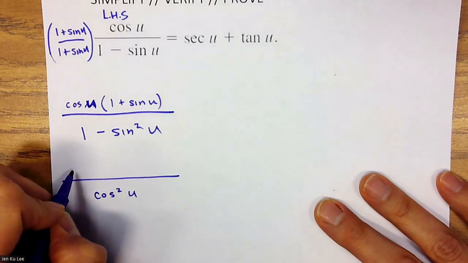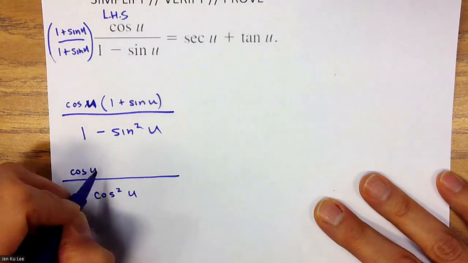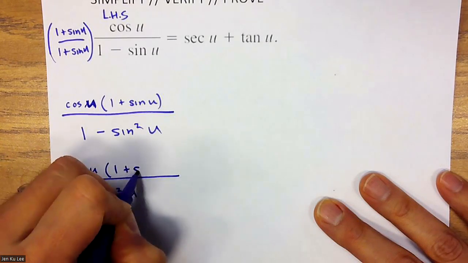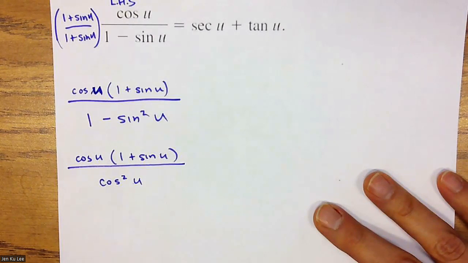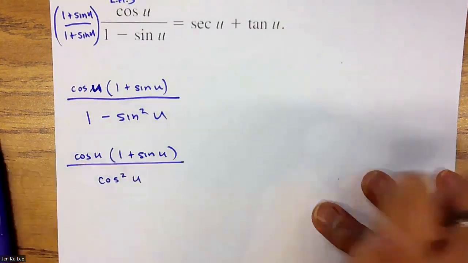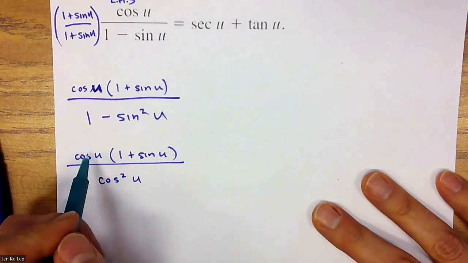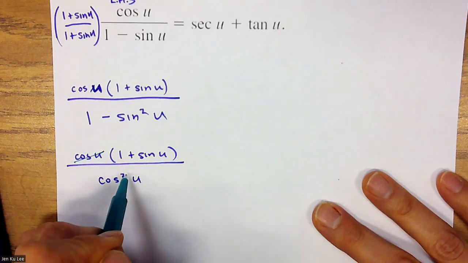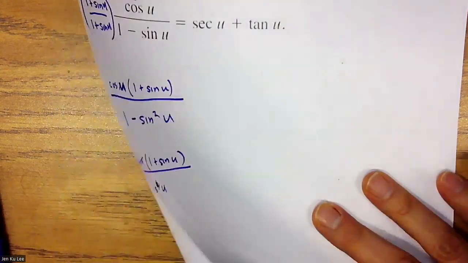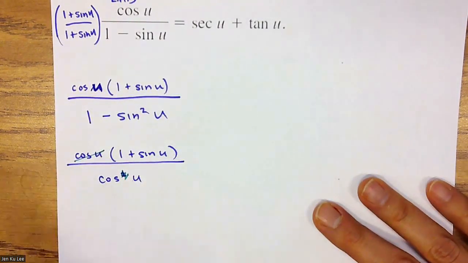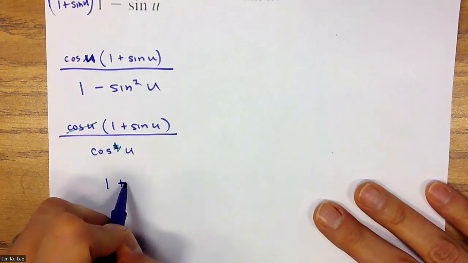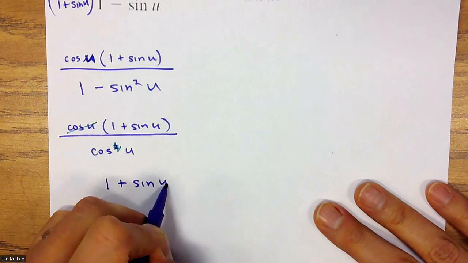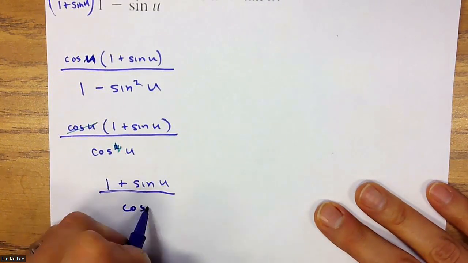Okay? So I have cosine u times 1 plus sine u. And now using basic math skills, cosine cancels out with one of the cosines that I have down here. And I'm left with 1 plus sine u over cosine u.